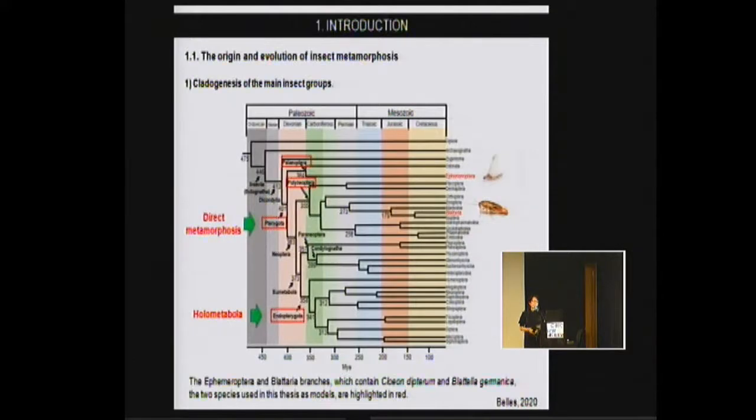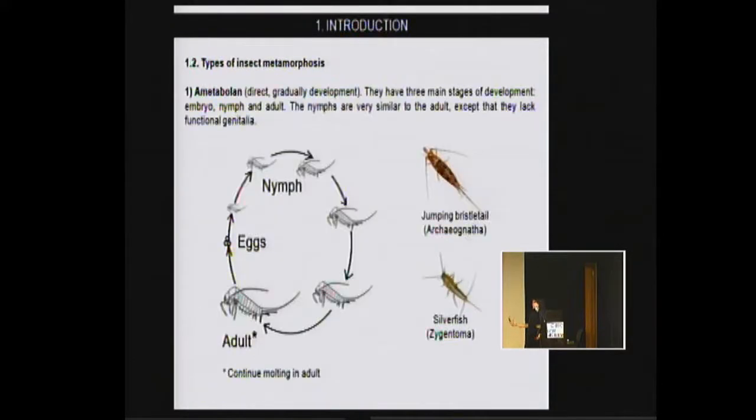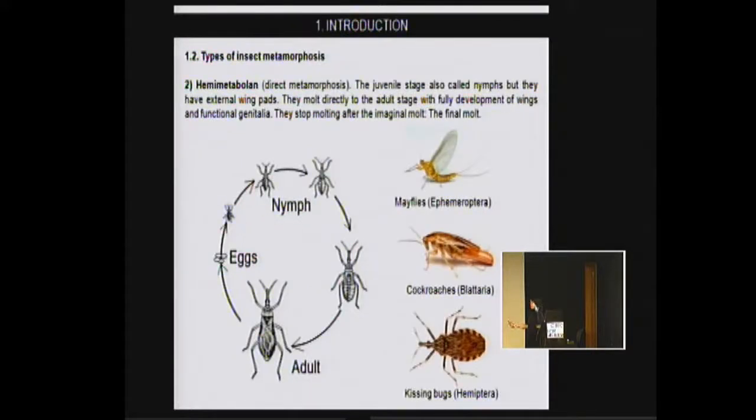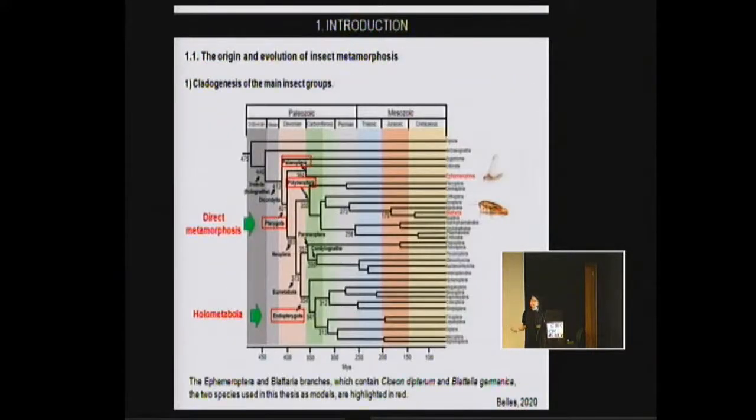Later, the Neoptera split again into the Polyneoptera and Eumetabola. And finally, the Eumetabola split into the Paraneoptera and Endopterygota, or the Holometabola insects.